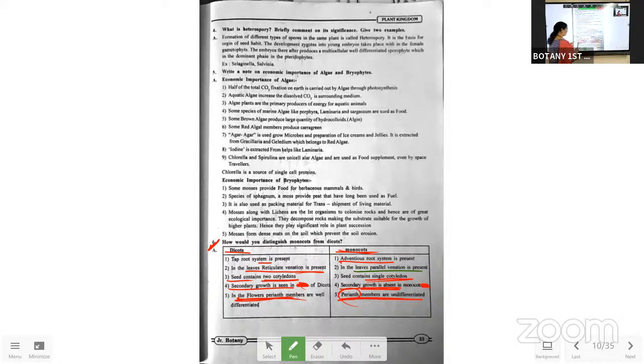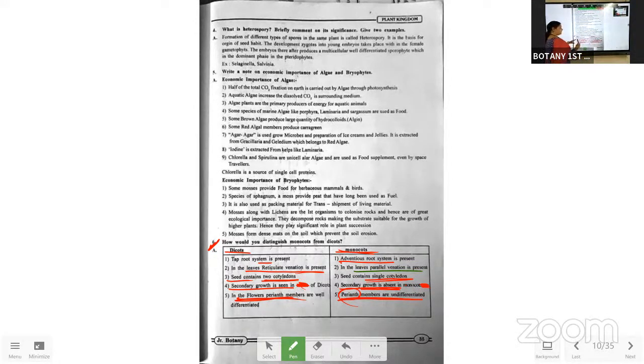Next, in the stem, stem shows secondary growth. The third point: stem is highly branched in the dicot. In the monocot, stem is branched or unbranched.